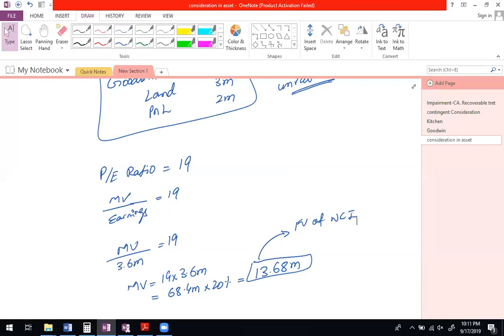So what we did is we used this $3.6 million in our working to calculate the market value. So market value divided by earnings of 3.6 is equal to 19. So 19 into 3.6 will give us the market value of the entire company. And then we took 20% of that to get the value of the NCI, which was $13.68 million. Getting the point, Mudassir?